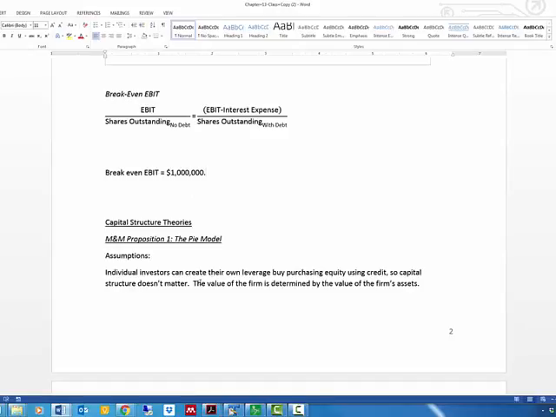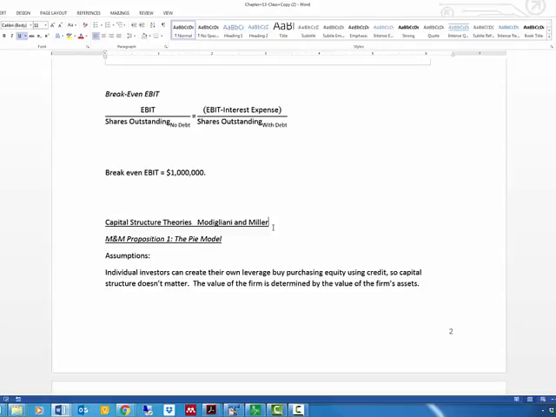So M&M are Modigliani and Miller, and you'll hear about them quite a bit in finance. Their name is Modigliani and Miller, M&M for short. They had a lot of theories about capital structure and a lot of theories about dividends and how those are paid out. So the first proposition from Modigliani and Miller is called the pie model, according to your textbook.